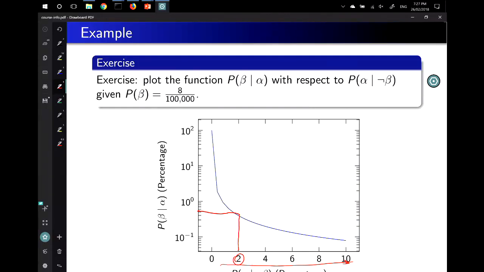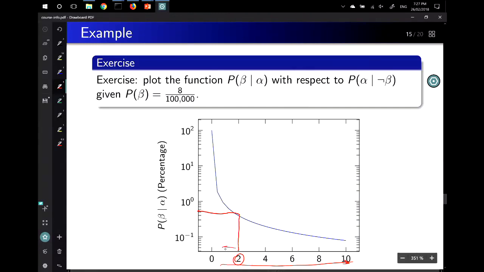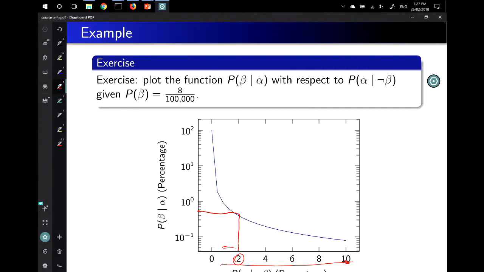Okay, so it's much smaller than many of the people would think, right? And based on this figure, you can see that if the false positive rate is even smaller, then the probability will increase very fast.